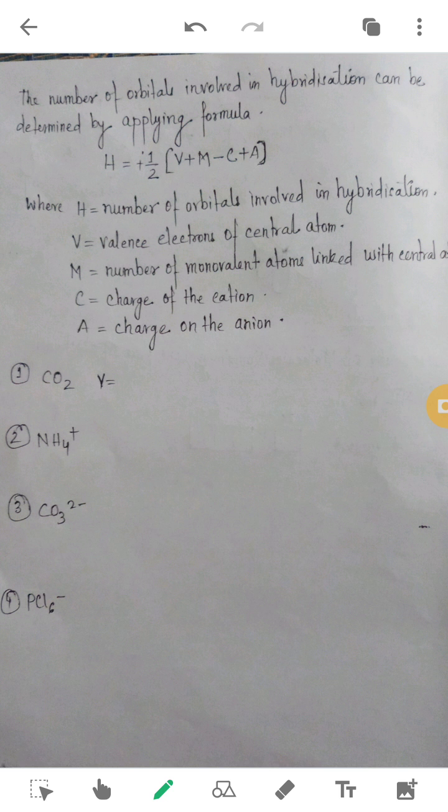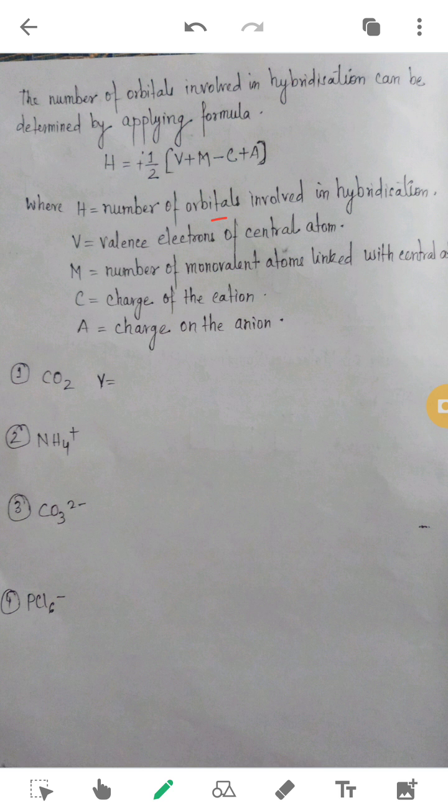H equals half in brackets V plus M minus C plus A. H is the number of orbitals involved in the hybridization, and V is the number of valence electrons of the central atom. M is the number of monovalent atoms linked with the central atom. C is the charge of the cation. A is the charge of the anion, in case those are ionic ones.